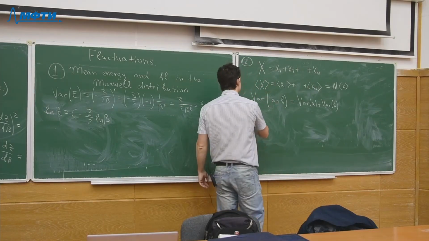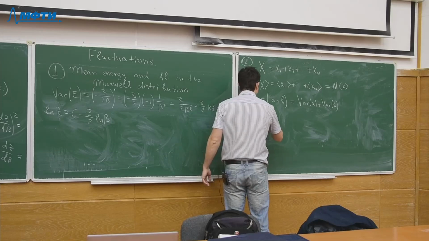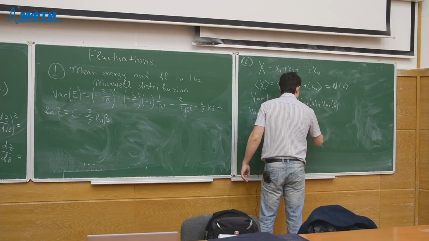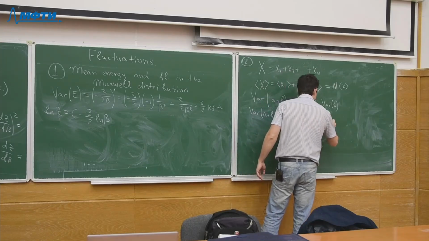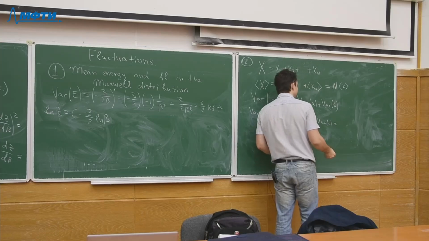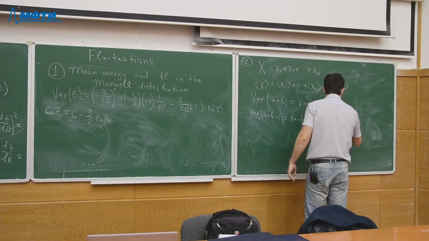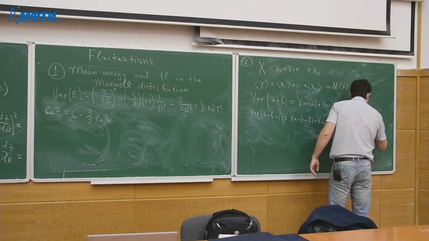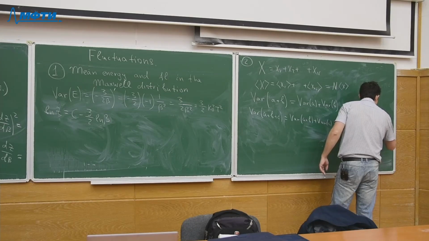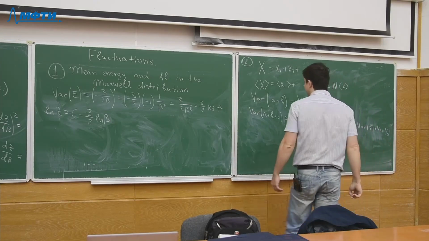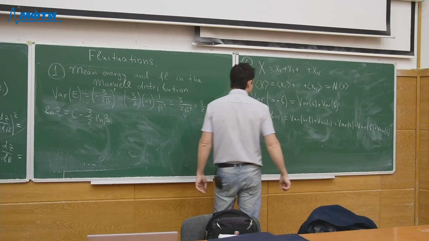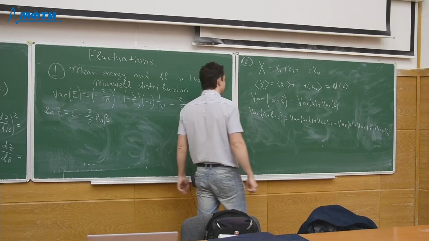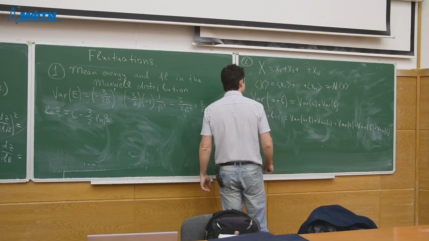For example, if you have three variables, A plus B plus C, then you can write it as the variance of A plus B plus the variance of C. Again applying the same property to the variance of A plus B, I would get the variance of A plus the variance of B plus the variance of C. So whatever the number of terms in my sum is, the variance of the sum is equal to the sum of variances of all of the terms of which the sum consists.